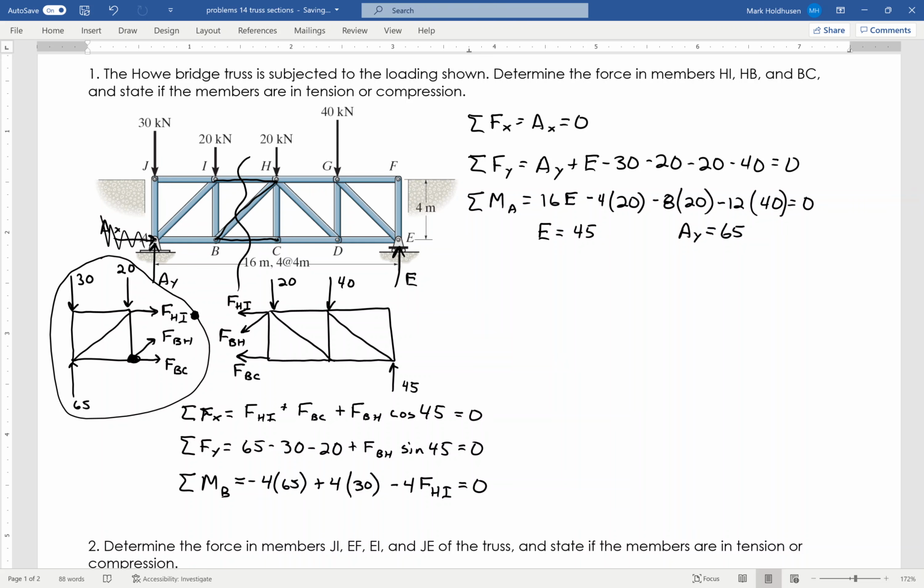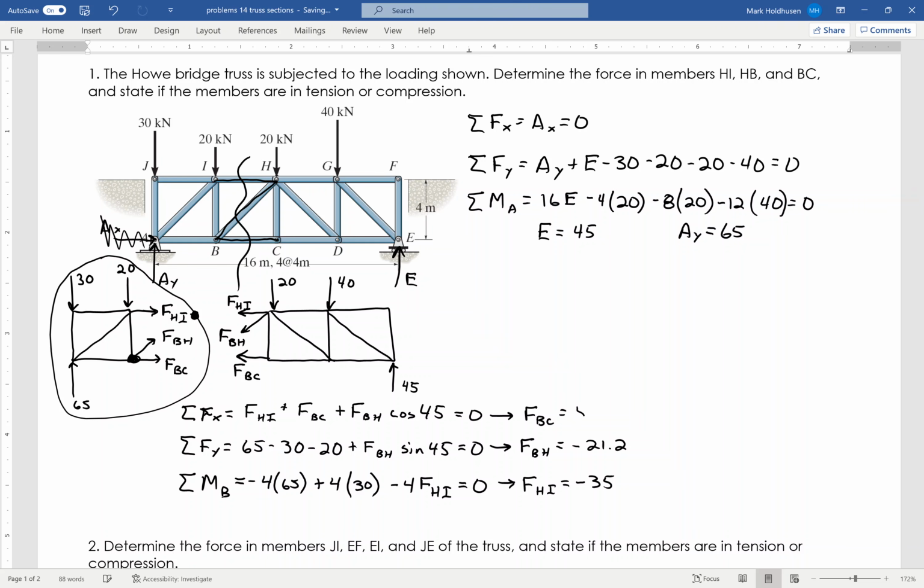So now from this, I can go ahead and solve these three unknowns. Here I can find FHI, and when I do that, I find it to be negative 35. From here, I can find FBH, which I get to be negative 21.2. Plugging those two values into this top equation, I can find FBC equals 50.